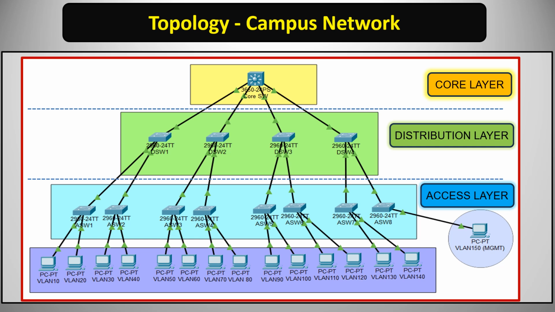Then we have the distribution layer, which distributes the VLANs from the core to the access layer. The end systems or the PCs are connected to the access layer, therefore port security is enabled here. VLAN trunking protocol will be configured at each layer, with a server at the core layer and a client at the distribution and access layers.